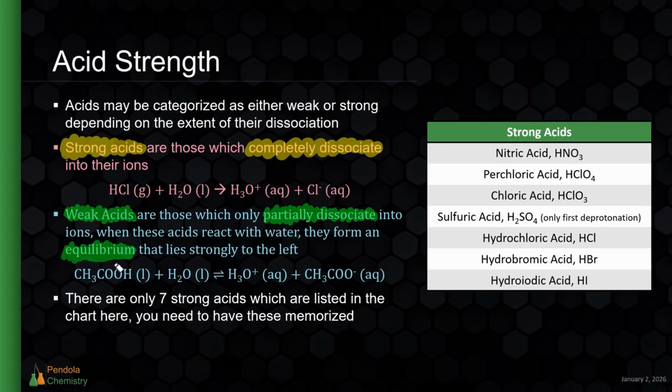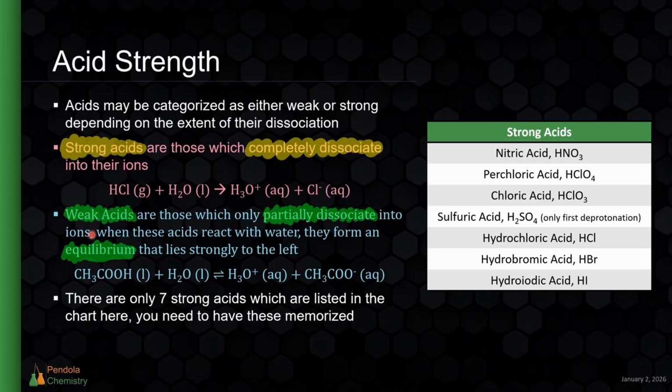But some of them stay as ethanoic acid instead of losing that hydrogen and becoming what we call the ethanoate ion. Because they don't completely dissociate, they create an equilibrium where in that solution you have both the undissociated ethanoic acid molecules and hydronium ions as well as the ethanoate ion, all in the mixture.